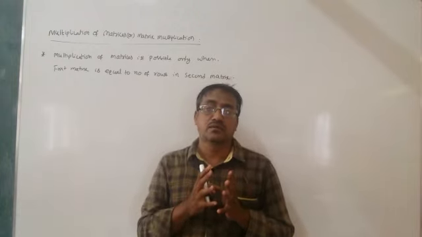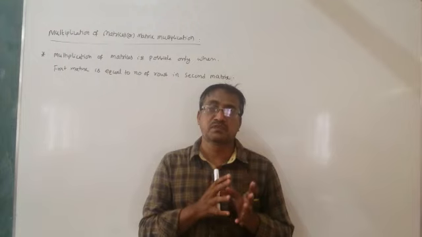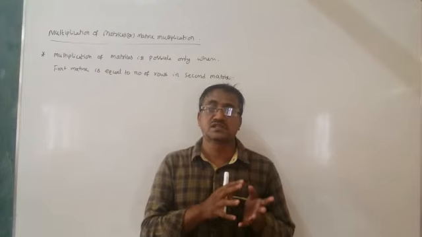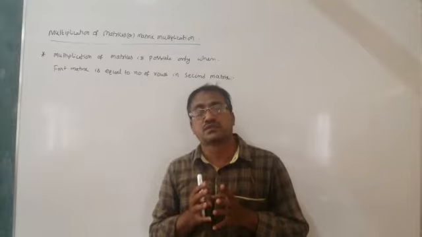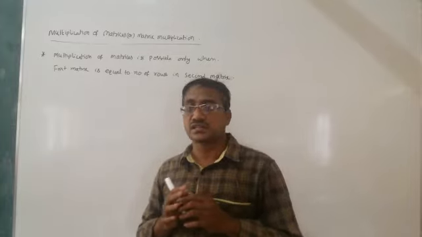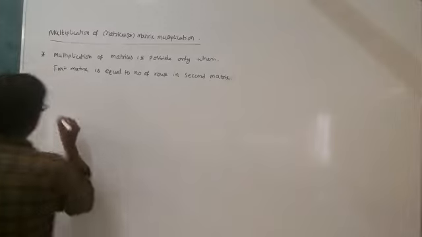So, multiplication is possible only when the number of columns in the first matrix is equal to the number of rows in the second matrix.